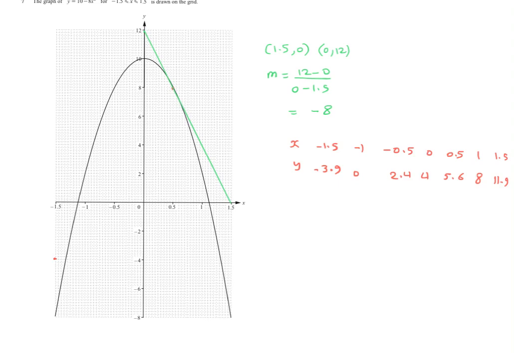The second point, negative 1, 0. The third one, negative 0.5 and 2.4. The fourth, 0, 4. Then 0.5, 5.6.